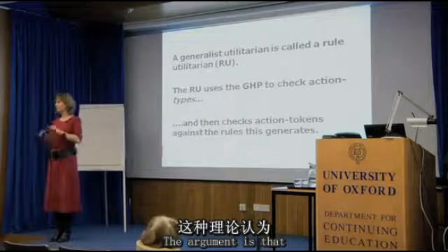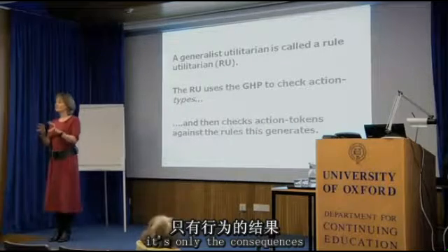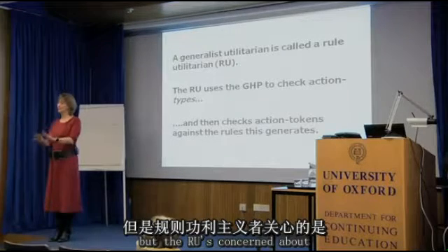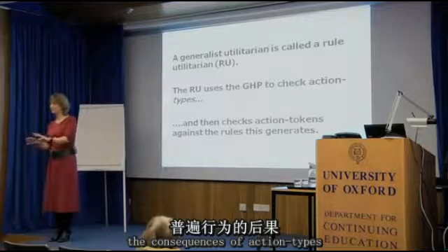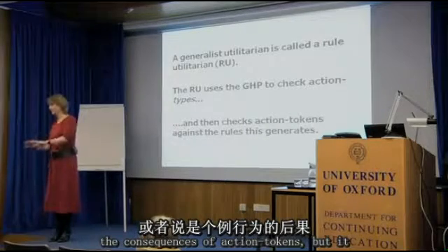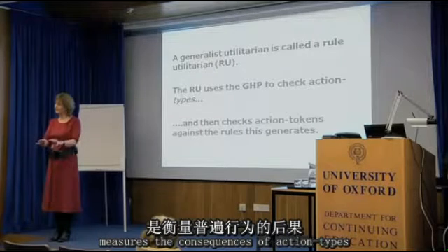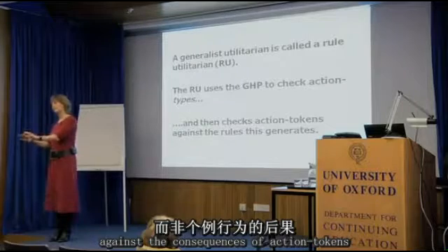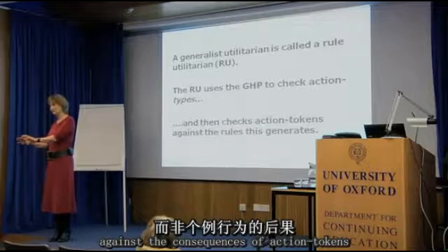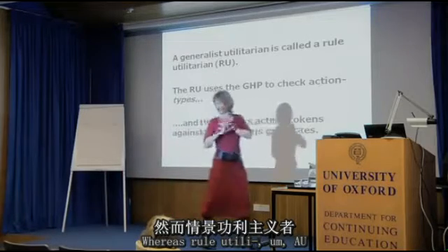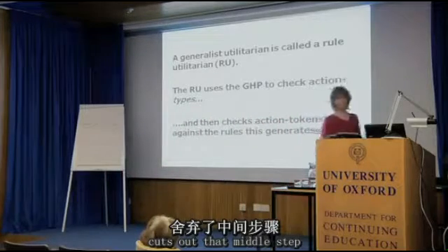The argument is that it's only the consequences of an action that matter, but the rule utilitarian is concerned about the consequences of action types and the consequences of action tokens, and measures the consequences of action tokens against the consequences of action types. Whereas the act utilitarian cuts out that middle step.